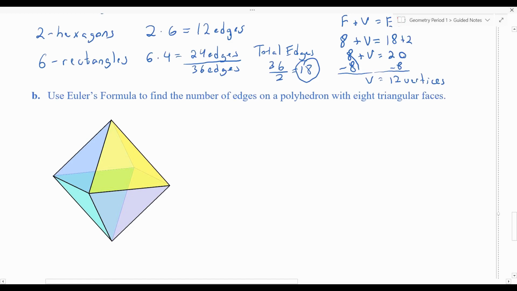This, by the way, is known as a bipyramidal polyhedron because it's two pyramids, one on top of the other and mirrored, if you will.